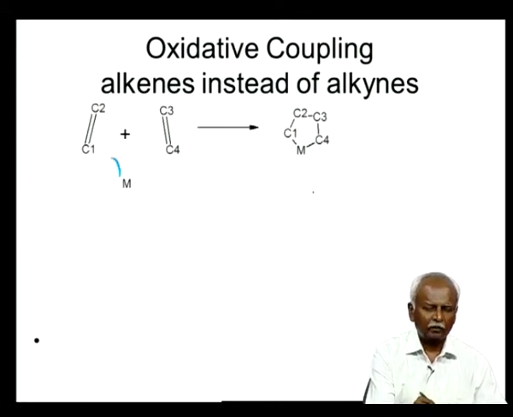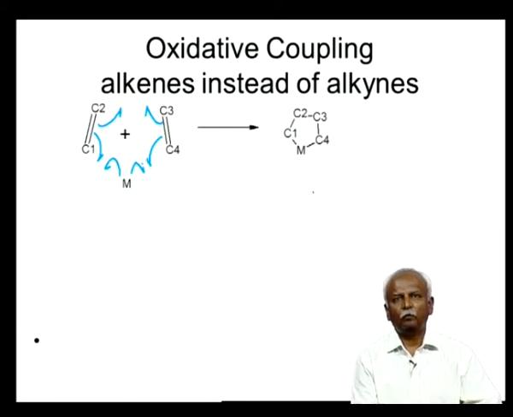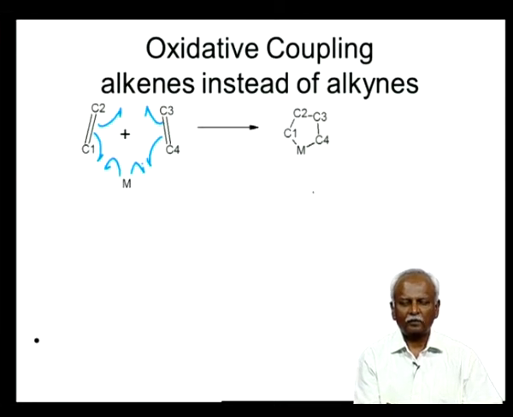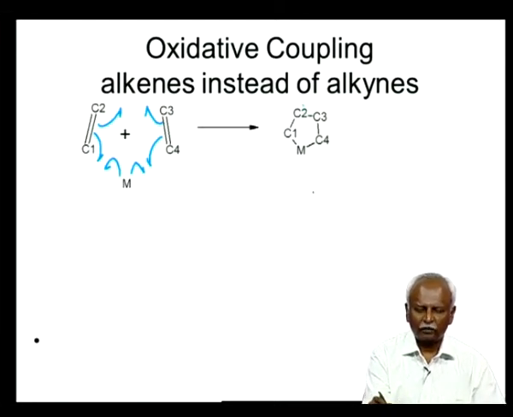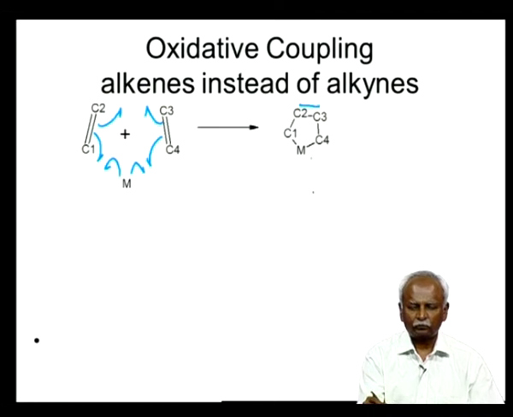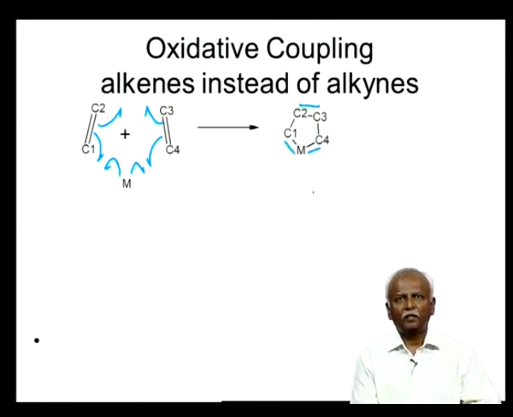So, if one electron is given here and one electron given here, one electron moved in this direction, then you will have 3 new bonds being formed, and these 3 new bonds we can see will be formed between C2 and C3, M and C4, and M and C1, and that would result in a metallacycle.